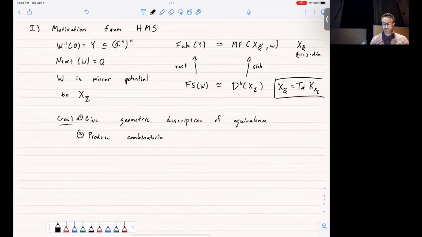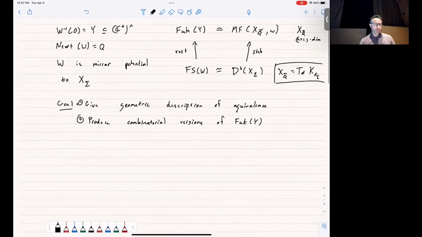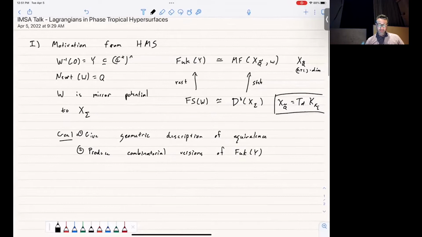This is a lofty goal, but it's a work in progress, so we'll see. Maybe I'll just stick with Fukaya of Y. There are other approaches to accomplish these goals than phase tropical, of course, but okay.